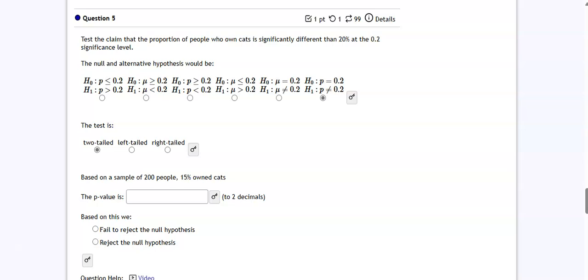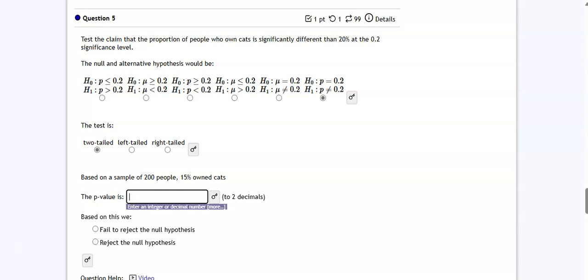And that looks like this last choice right here. Then that makes this a two-tailed test. And then notice the next one. They give us the sample proportion instead of us having to figure it out. They give us that the sample has 200 people in it, so that's our N, and 15% own cats. So our 15% is our p hat.